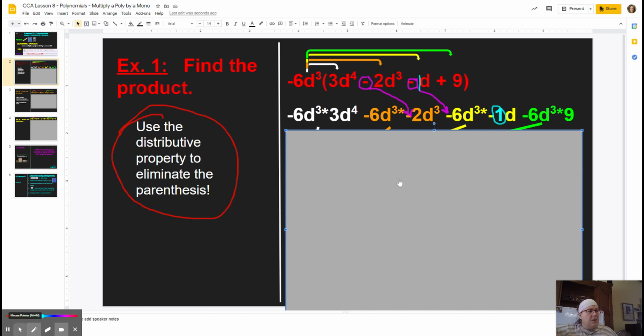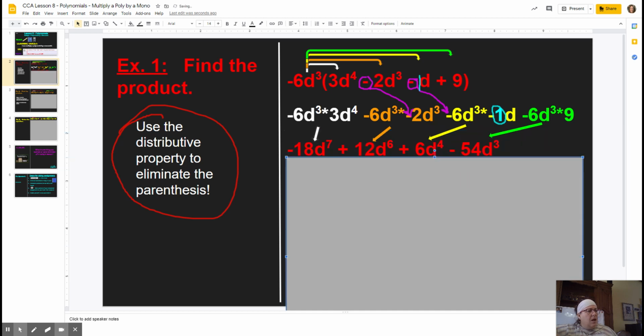Okay, and then from here, once you've got that distribution, then you're just going to simplify it. Negative 6 times 3 is negative 18. And we already know that when you multiply by the same base, then you're going to add these exponents. So I'm going to do 3 plus 4, which gives me that 7.